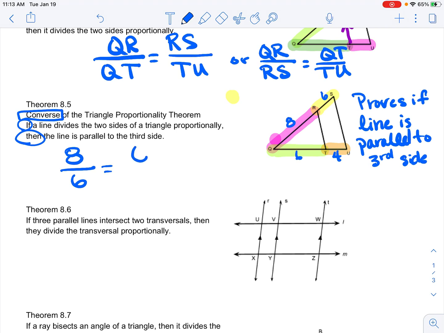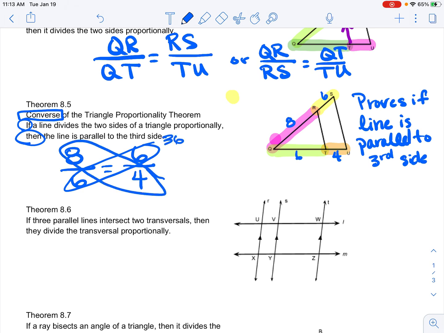So we're going to do the top side over the bottom side. Then 6 corresponds with 4. So if these are proportional, then it is parallel.